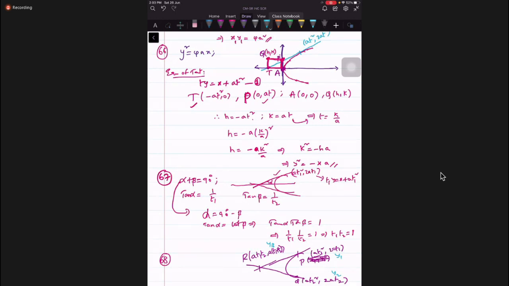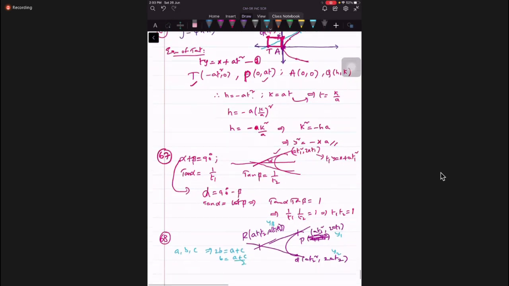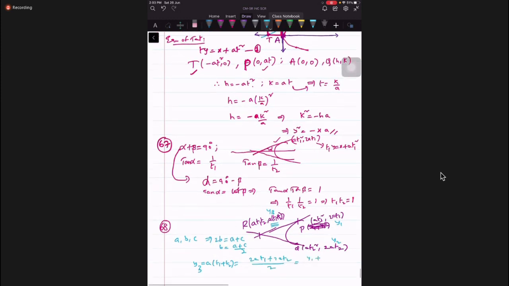Why do I tell you if A, B, C are in AP? What is the condition? Suppose you have taken three numbers. If they are in AP, 2B equals A plus C, so B equals (A plus C) by 2. Now also Y3 is the average of Y1 and Y2, so Y3 equals (Y1 plus Y2) by 2.